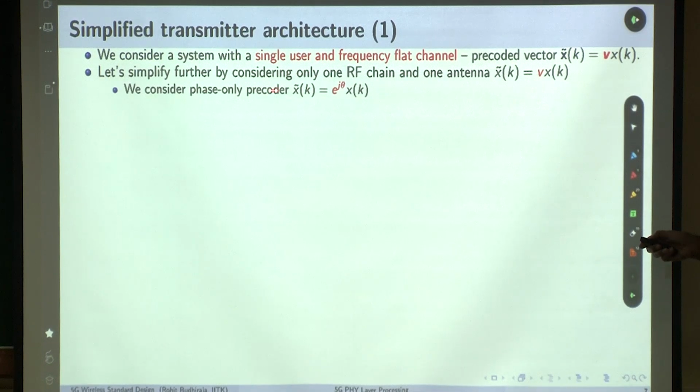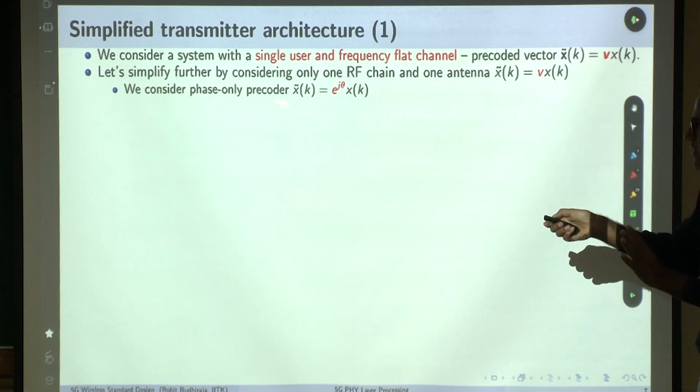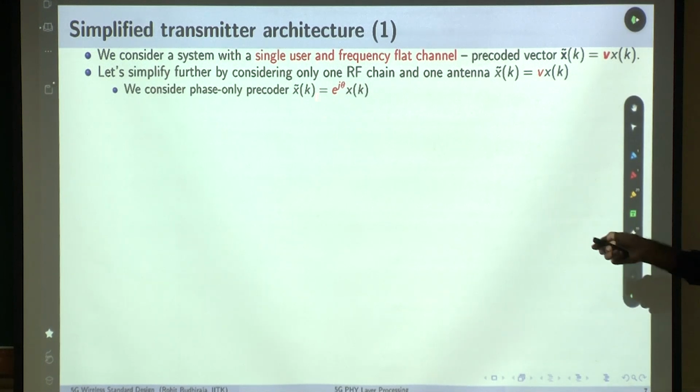Another thing is, I am considering a phase only precoder, e raised to the power j theta. I am simplifying this. If it is a phase only precoder, we saw with the codebooks that it can give you the maximum gain, it can combine the signal, and we can realize maximum gain. So we will stick to this.